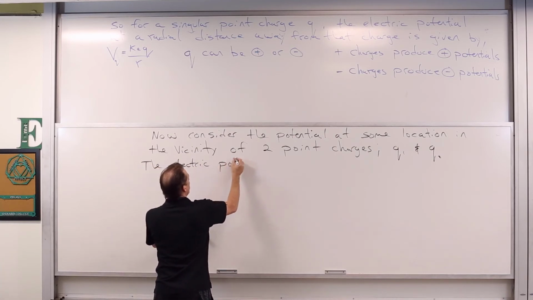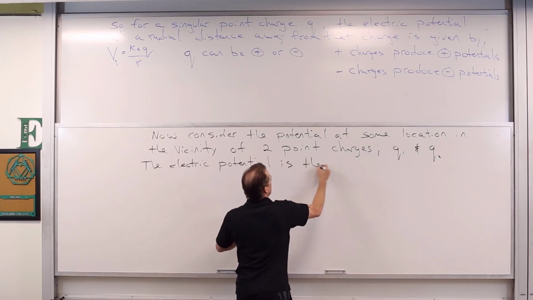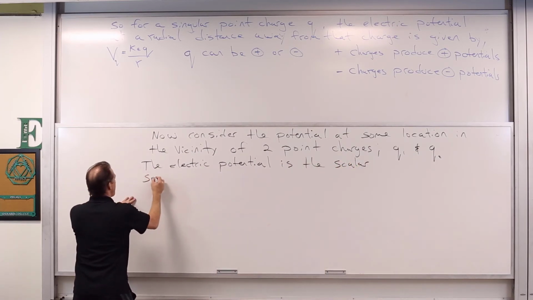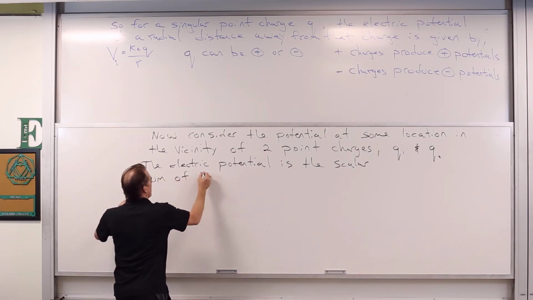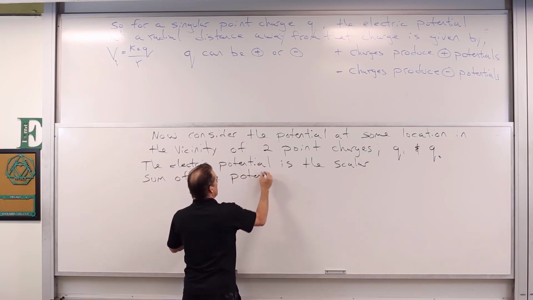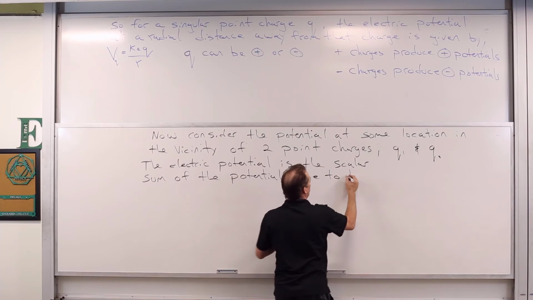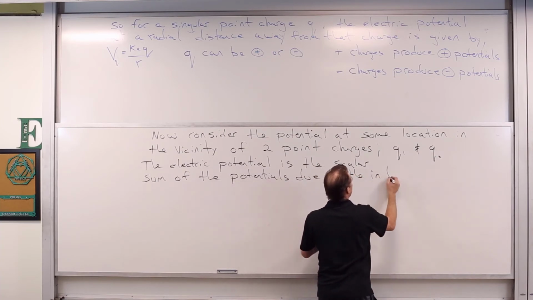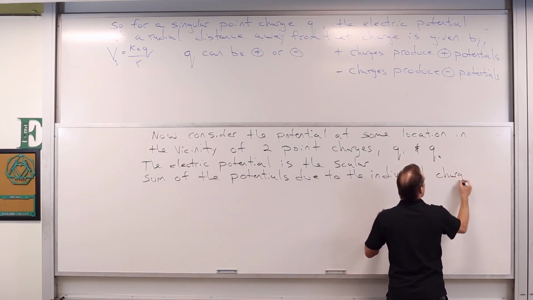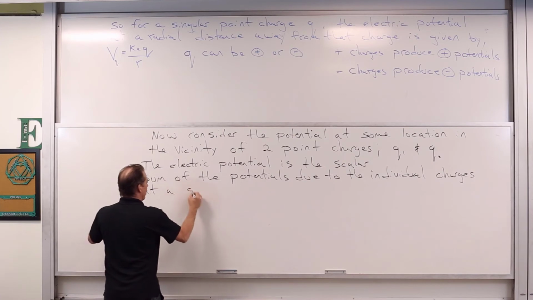Electric potential is the scalar sum of the potentials due to individual charges at a given location.